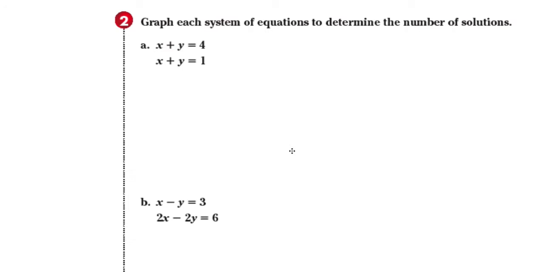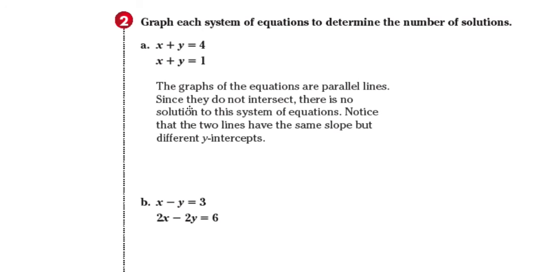Graph each system of equations to determine the number of solutions. You have x plus y equals 1 and x plus y equals 4, equation 1 and equation 2. The graphs of the equations are parallel lines because they have the same slope.